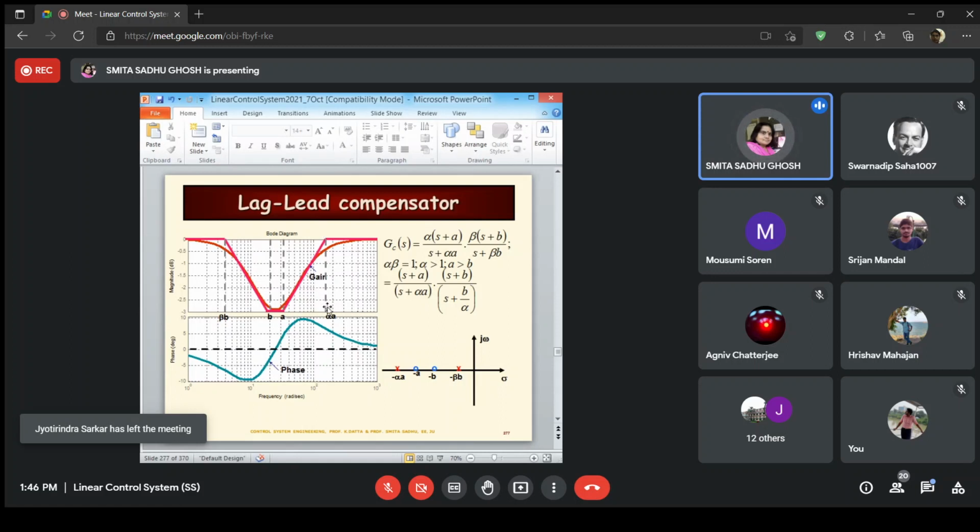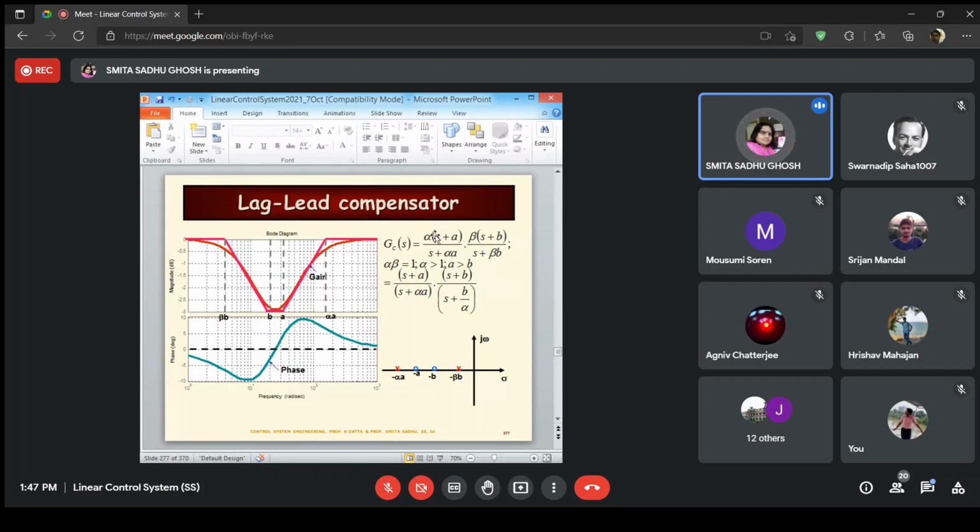Similarly, now for the phase, the expression for the phase is what? If I look at this form, I go by the same method, that is s equal to j omega first, and then I look at the individual contributions to the phase, right?